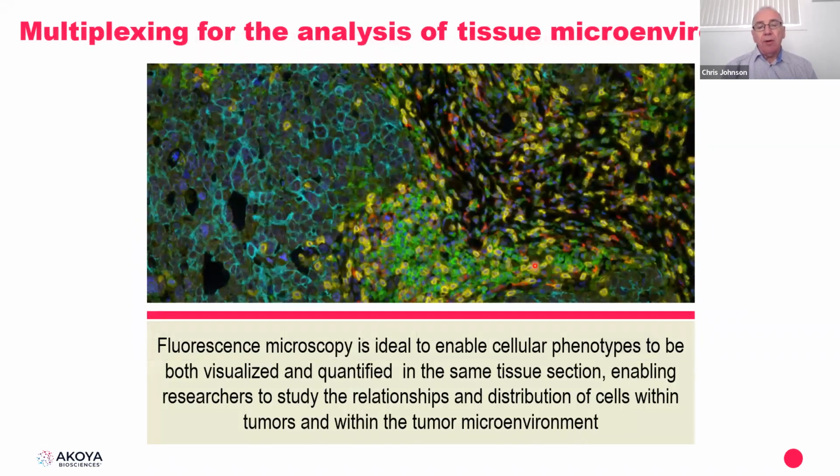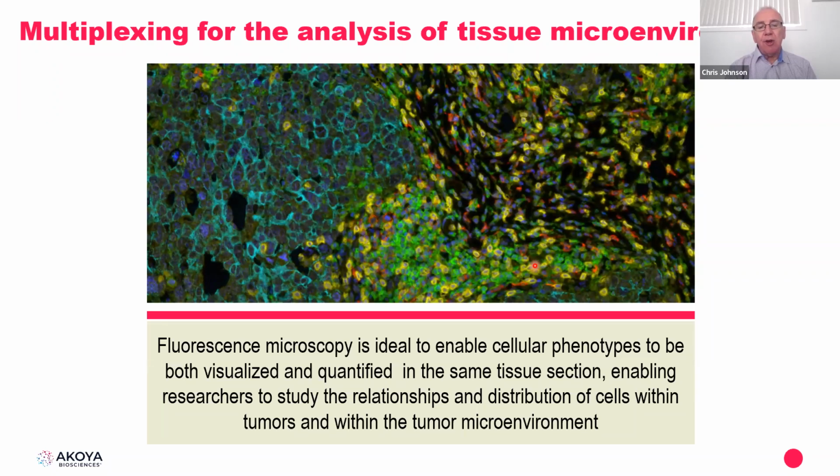Now, to be able to identify all of these different probes on the one section, we need to find a method to do that, a modality to do that. And fluorescence is the best one of choice. A fluorescence molecule has a very specific spectral signature. So labeling a specific protein, for instance, with a specific fluorochrome allows us to identify that particular fluorochrome amongst the mass of other fluorochromes.